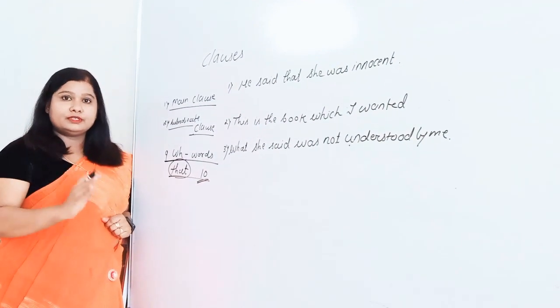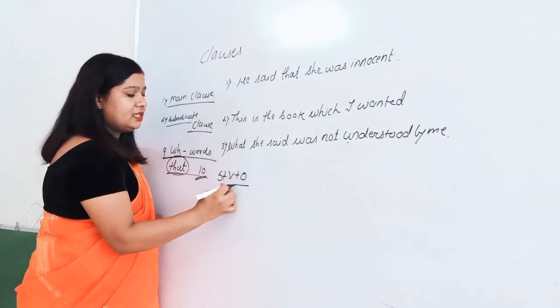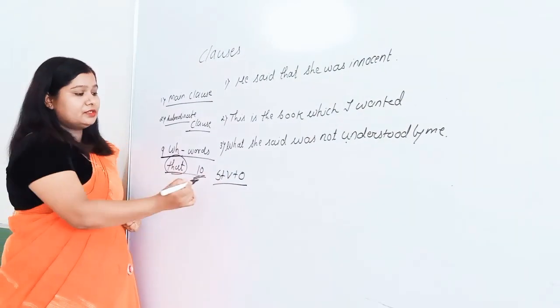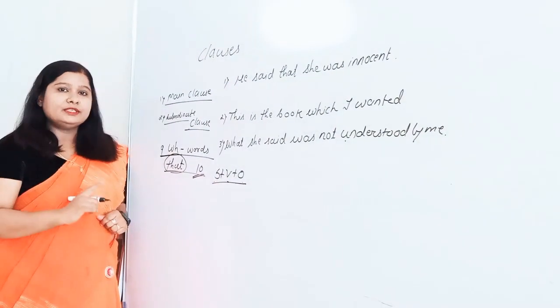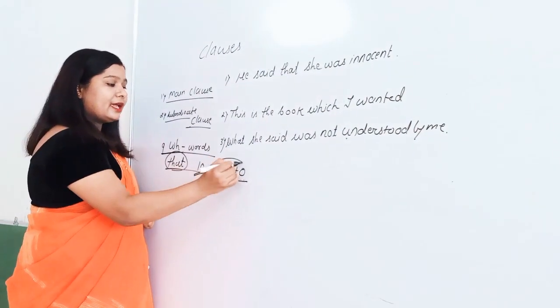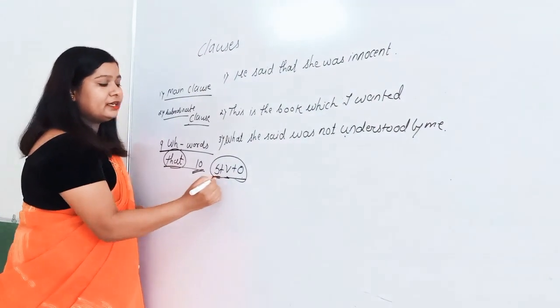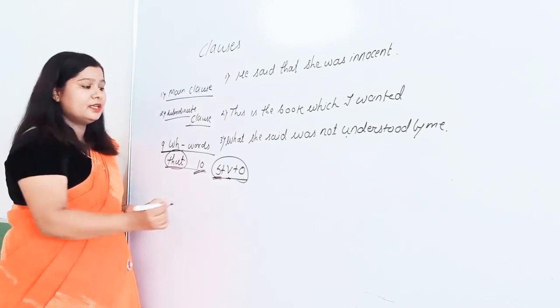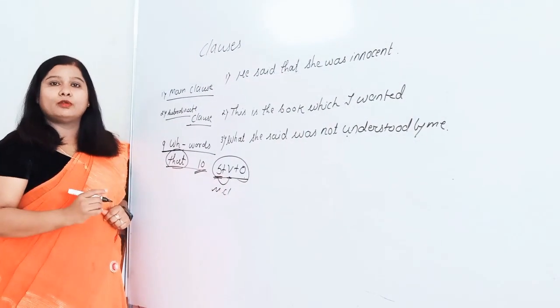Now students, see, for framing the clause we need basically 3 things: subject, verb and object. But every sentence will not carry these 3 things. So if you have subject and verb in your sentence, you can call that sentence as main clause.